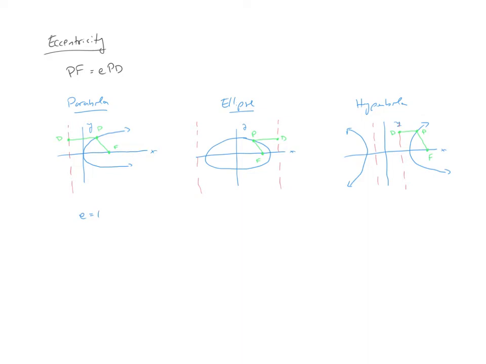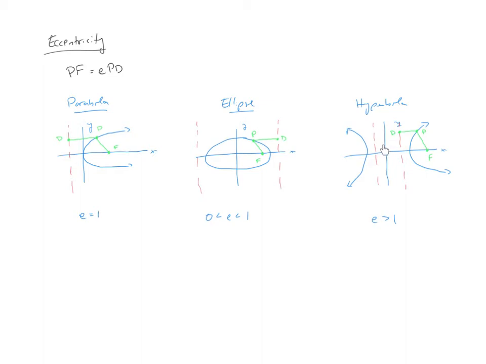For the ellipse and the hyperbola, it's not quite as obvious, but with a little investigating, you'll see that 0 is less than e is less than 1 for the ellipse, and e is bigger than 1 for the hyperbola. The way it's presented up here is so that the definition can be easily related to the graphs.